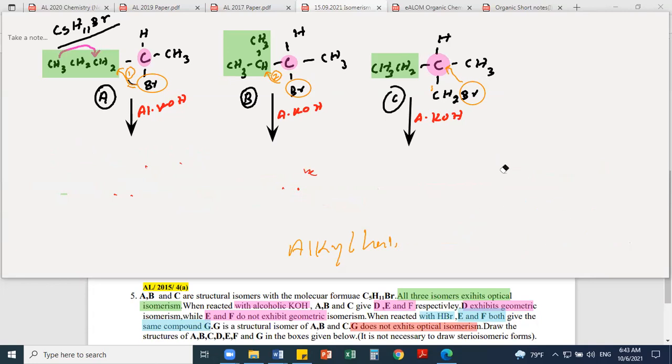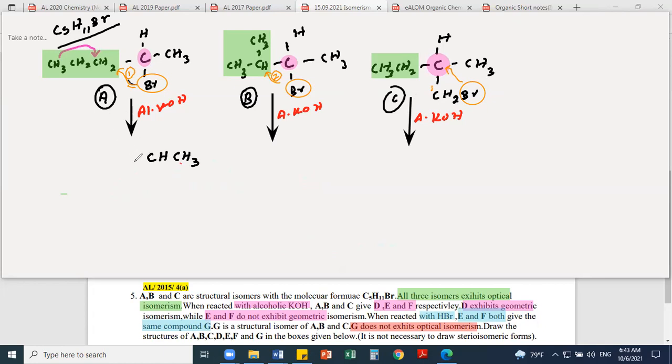I'll quickly write the products now formed. First one, what is the product formed? From A you get a double bond. Now you can easily decide the position of the double bond, no? So I'll write here CH and then CH3.